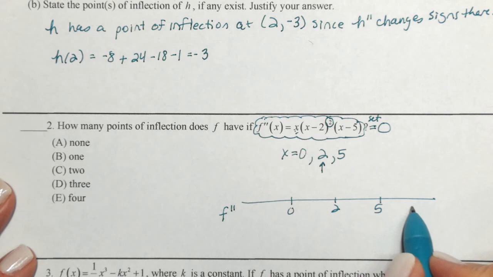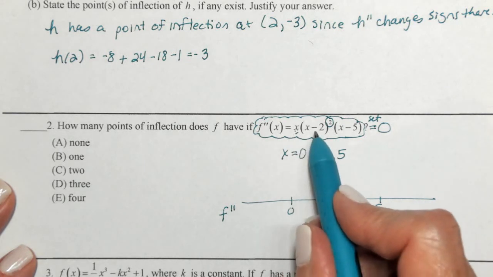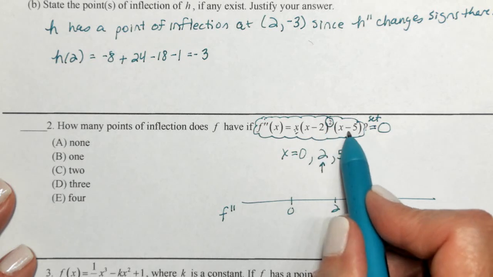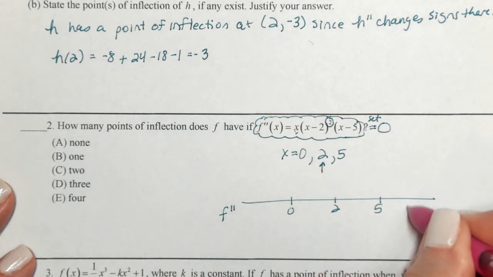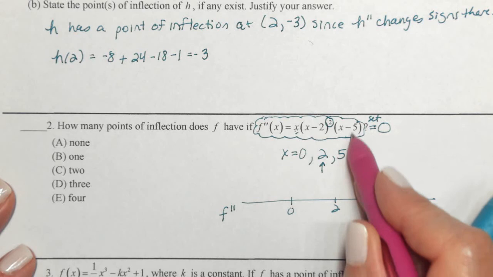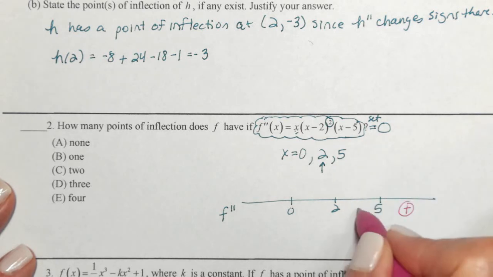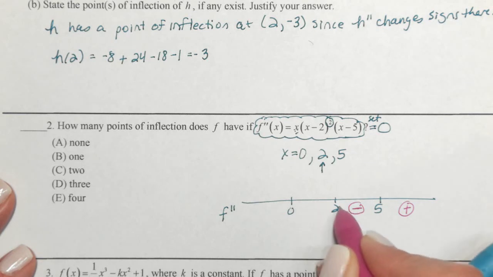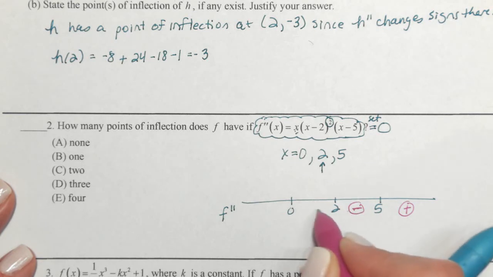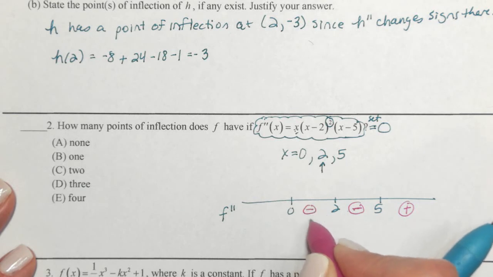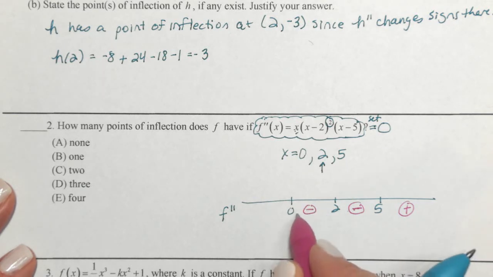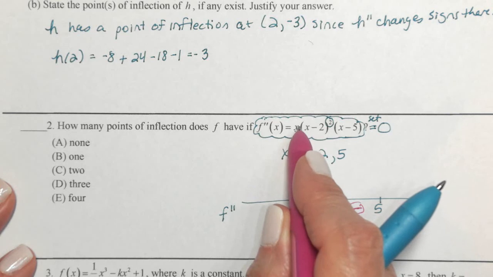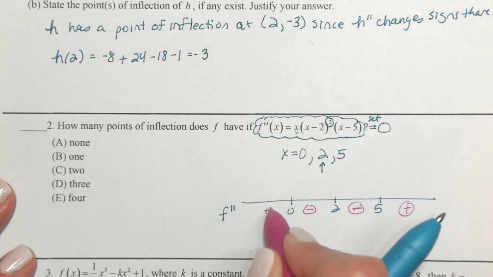If I go way out here, like to 10, positive, positive squared, positive, everything's positive. Surrounding that 5, we're going to have a sign change. Surrounding the 2, we will not have a sign change. If it was negative on the right side, it's going to be negative on the left side. Surrounding the 0, that came from a single factor, so we're going to have a sign change.